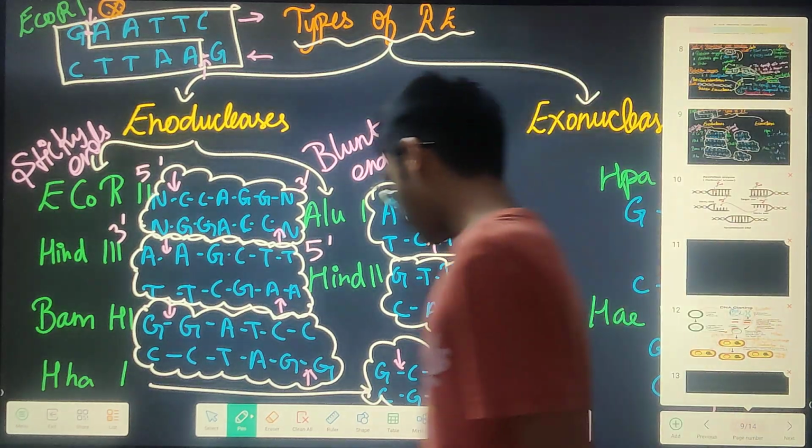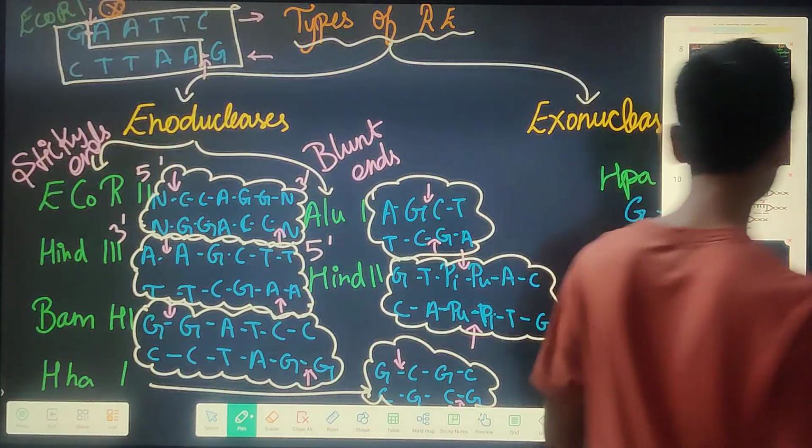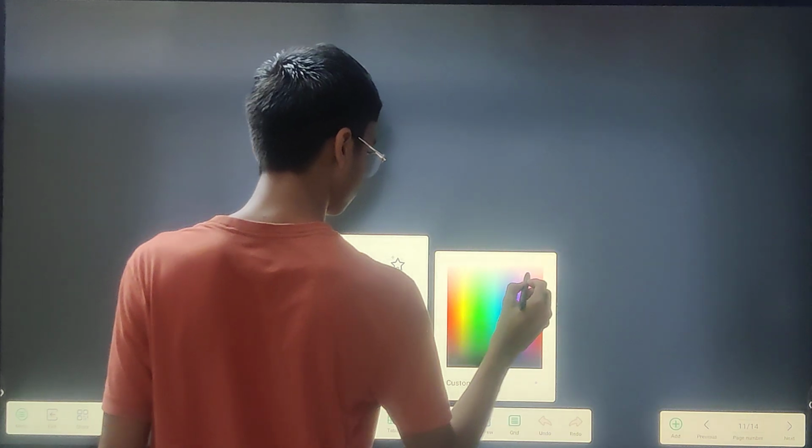Next is one more thing, that is nomenclature. A very important thing is nomenclature of RE.